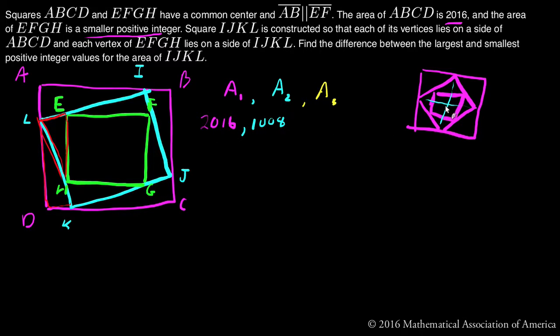And it happens the same way again, where I'm dividing each of the quadrants of the middle square by 2. I get 504. And you can see, of course, they all have integer areas, and this will be the smallest. I cannot get any smaller than this because, if I'm not at the midpoint, the squares are larger. So this right here is the smallest possible.